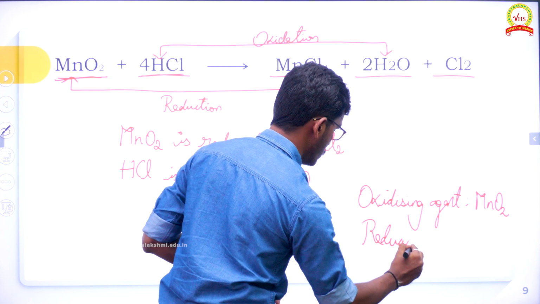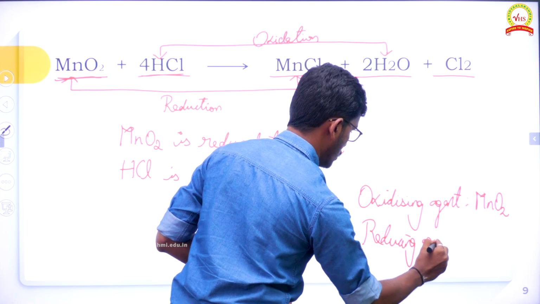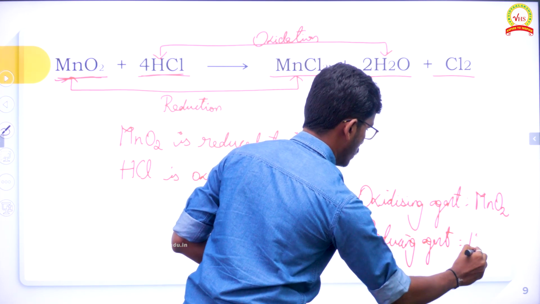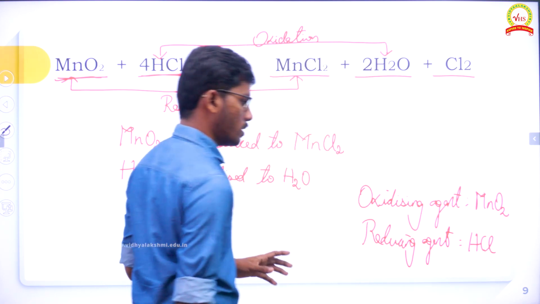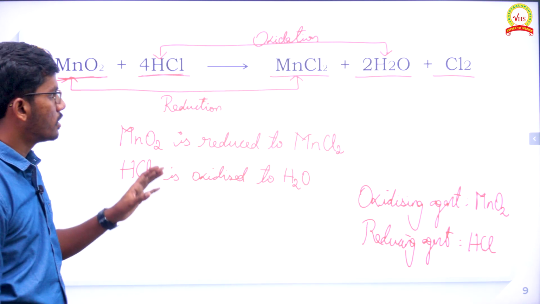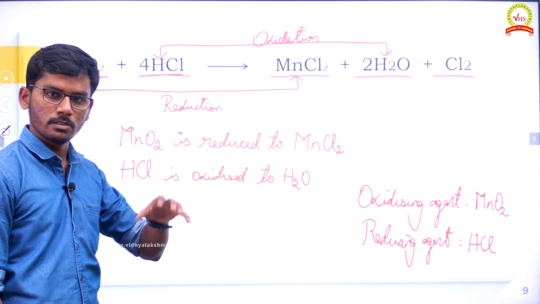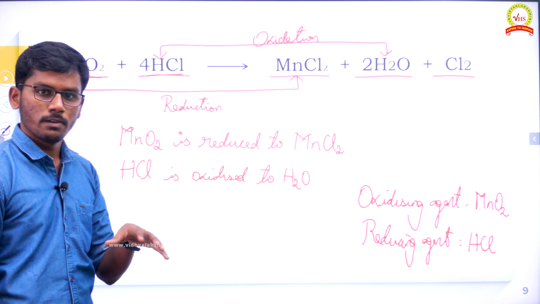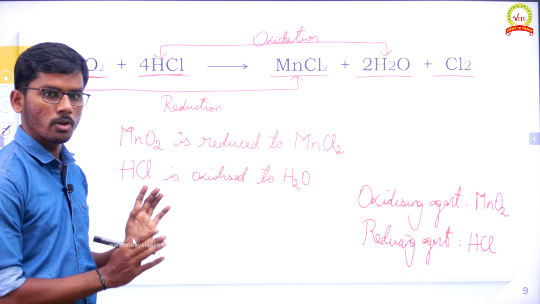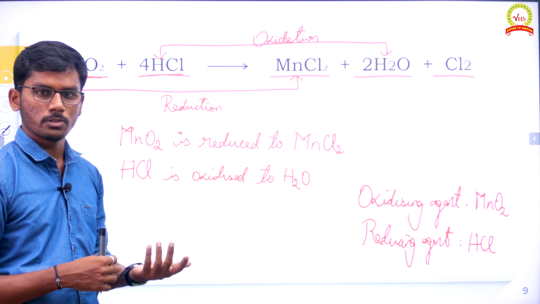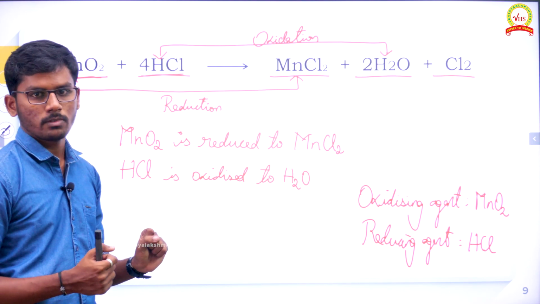So the reducing agent is HCl. This is how the questions may be asked. They will ask which is oxidized, which is reduced, which is the oxidizing agent, which is the reducing agent. If you understand this concept, whatever the equation, whatever the questions may be, definitely you can solve it.